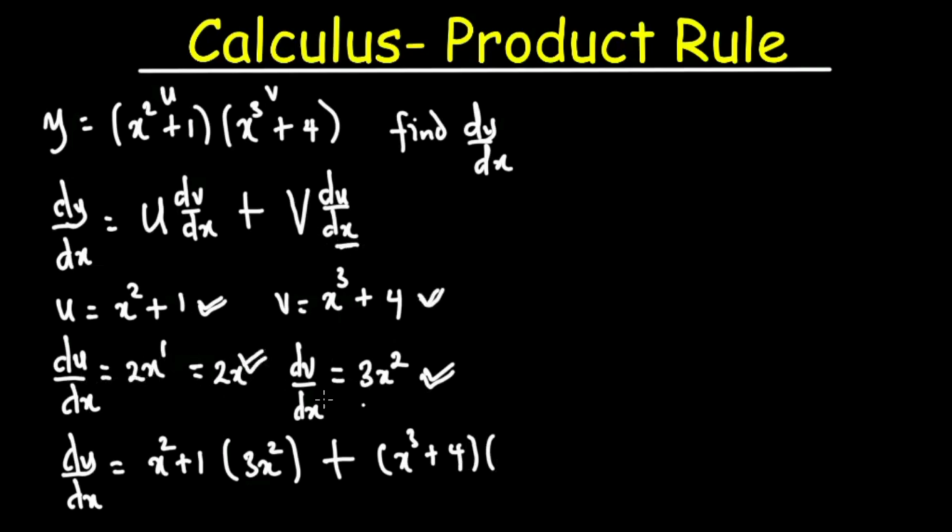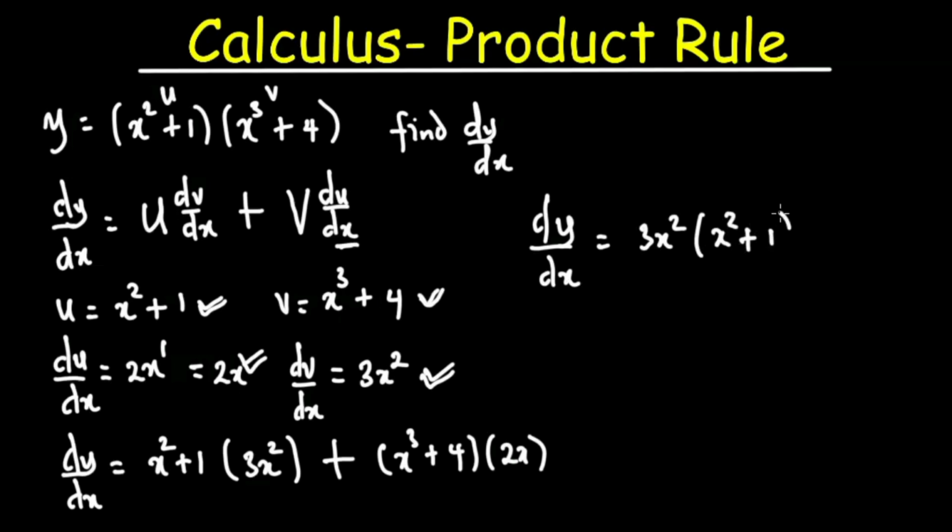So du/dx is 2x. So our final answer, dy/dx, will be equal to 3x squared into x squared plus 1 plus 2x into x cubed plus 4. Now let's look at a faster way to do this.